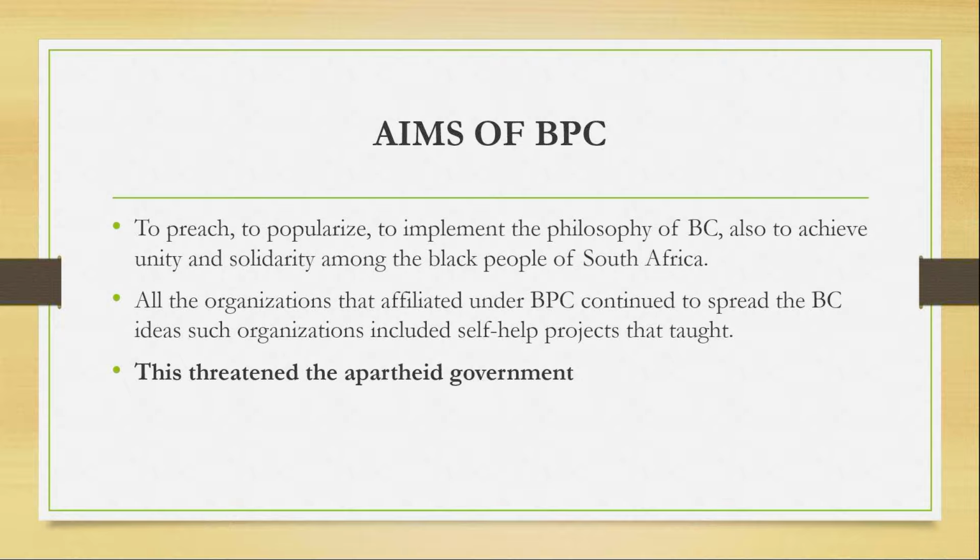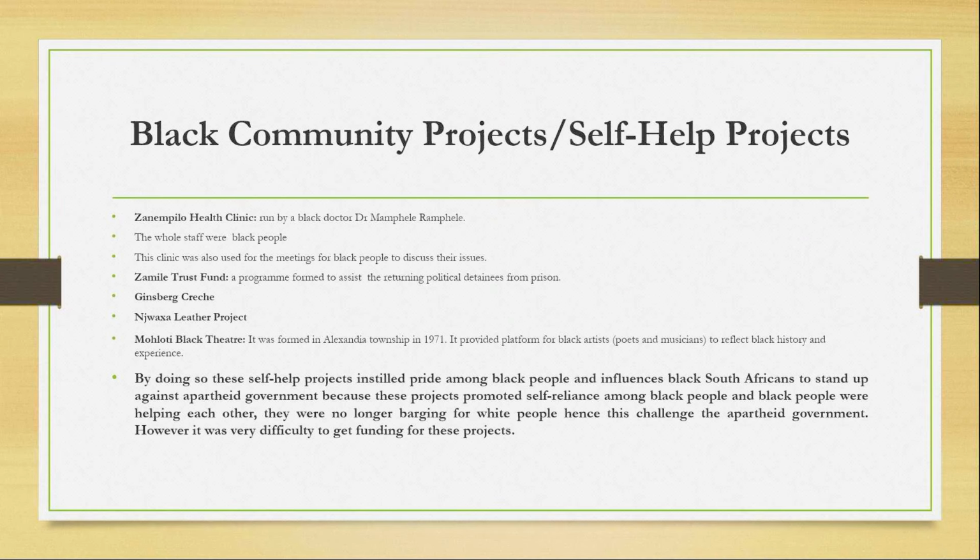If, for instance, we talk about the aims of the Black People's Convention, if the Black People's Convention threatened the apartheid government, when we were looking at the black community projects, self-help projects, what matters most there is to state categorically that by doing these projects, they instilled pride among black people and influenced black South Africans to stand up against the apartheid government, because these projects promoted self-reliance among black people, and black people were helping each other.